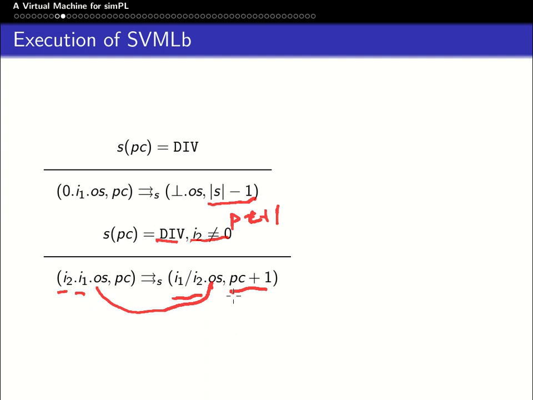However, we can do an optimization, because at that point we know for sure that the entire result is going to be bottom. So instead of jumping to PC plus 1 here, we're going to jump right to the end. Guess what instruction is at this point? It's done. So we're automatically ending the program and making sure that the result of the machine is this bottom that we have put here.